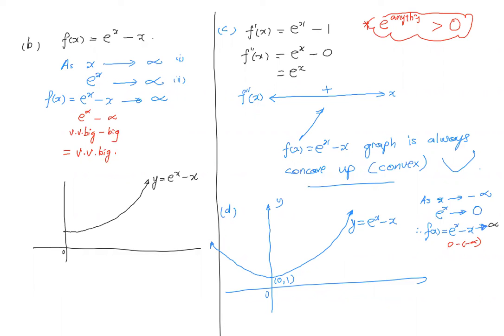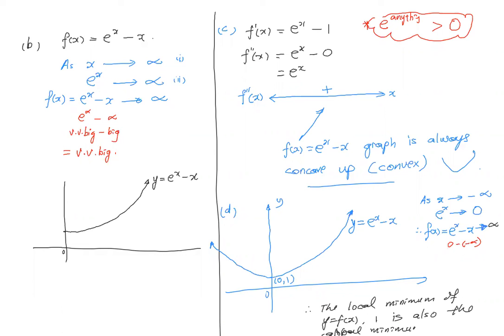Okay, so therefore from here I can make a conclusion. What conclusion can I make about the local minimum? Therefore, the local minimum of y equal to f(x), that is 1, is also the global minimum.